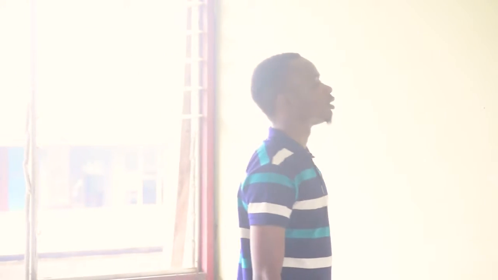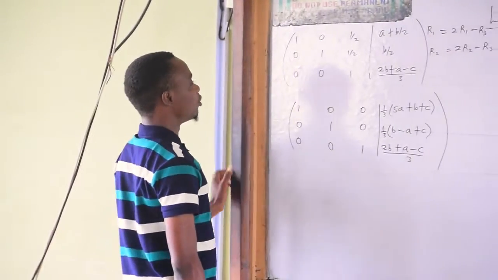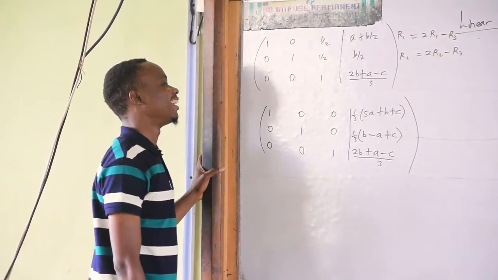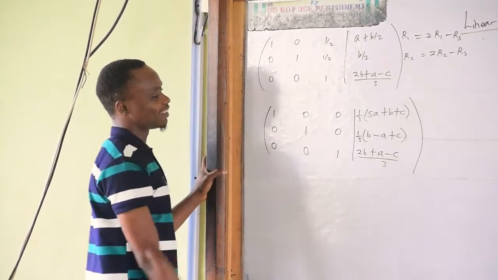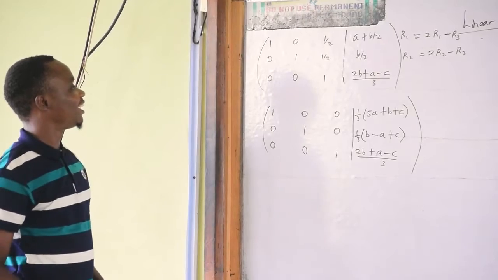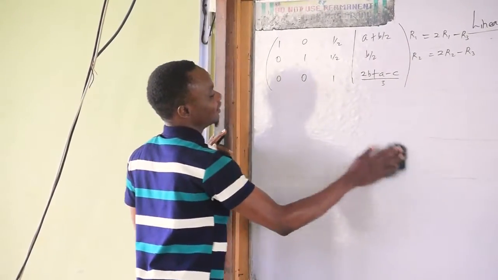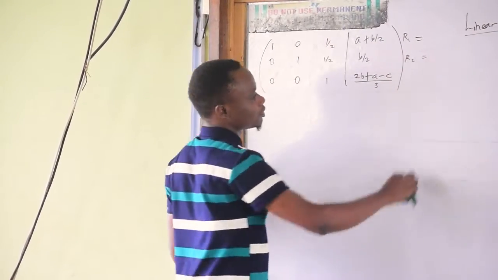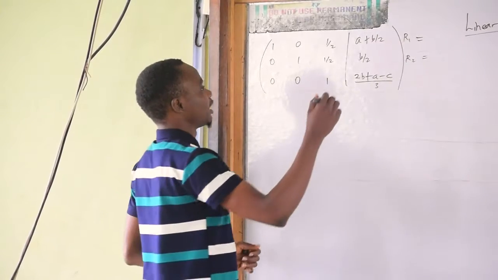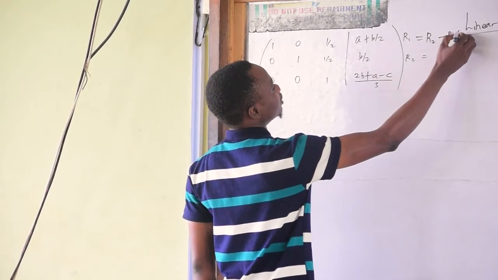2 times 1 over 2. Okay, this thing is going to make this one 2. The other one is 2R1. Okay, it's going to make this one 2. Yeah. Thank you. So we're not meant to do something like this, right? So we're meant to do something like, look at it, R2 minus R3 over 2.